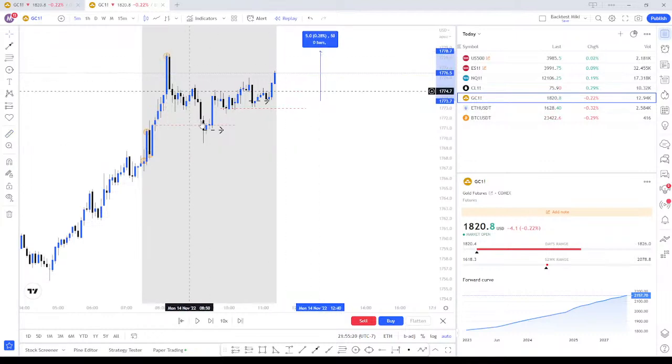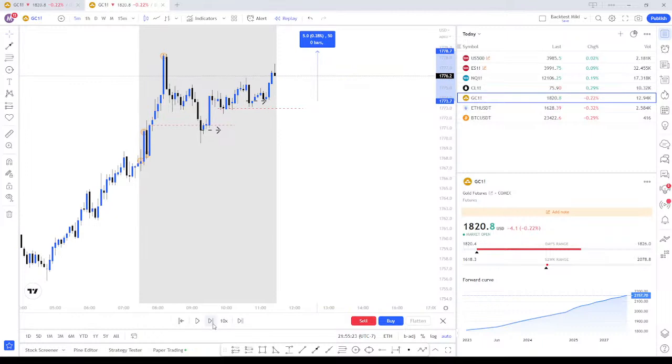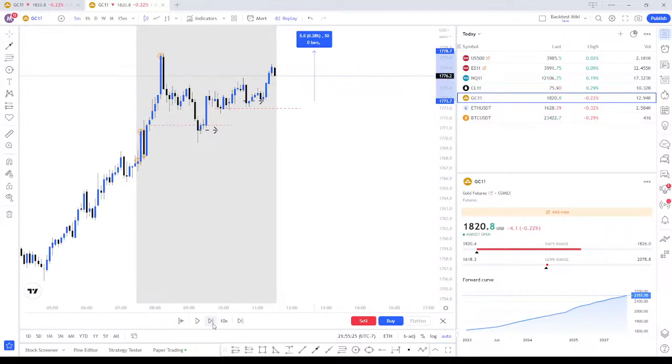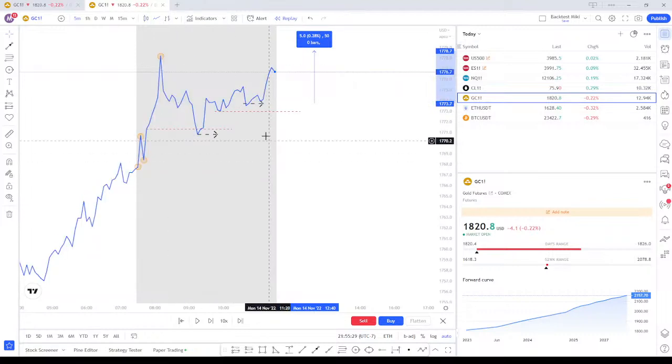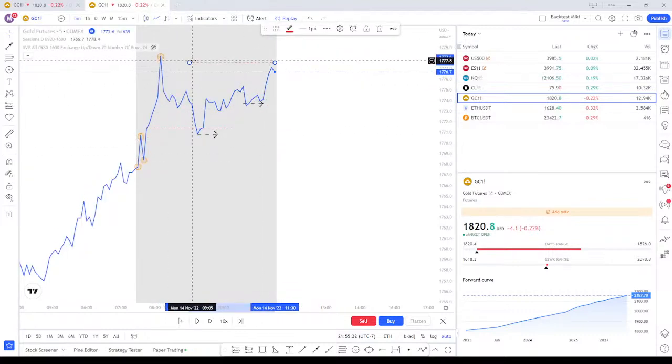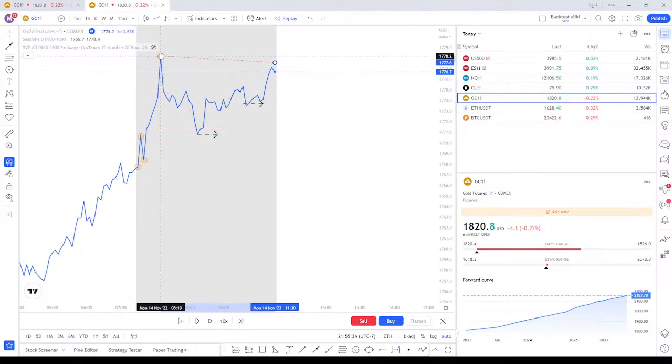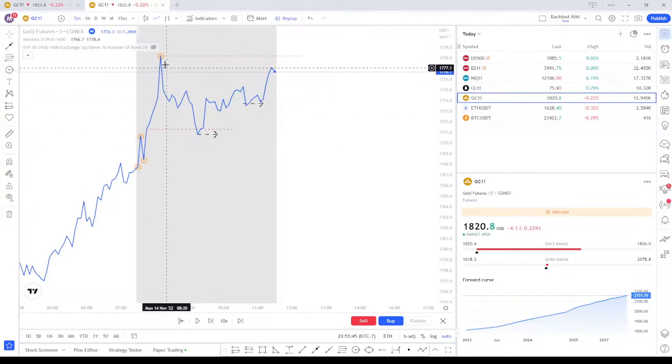before. So again, test of this high, because that is the high that forms structure there. And for that high, since we had such a deep pullback and such a far range between the low and the high, we definitely want to see how price interacts at this high because it's such a far range.